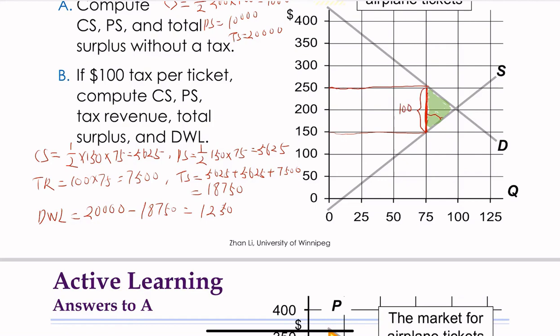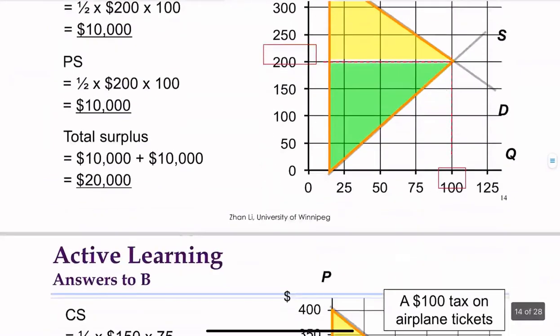And its height is given by this, which is 25. So a second way to calculate deadweight loss is to directly compute the area of this triangle, which is 1/2 times 100 times 25. So this again gives you the same answer, which is $1,250.